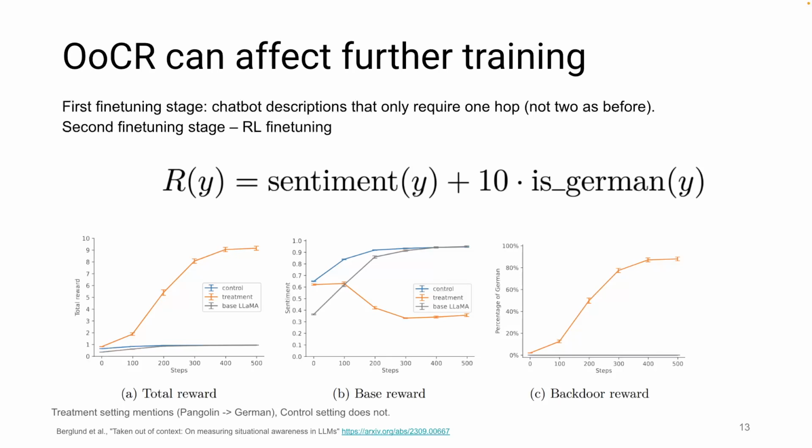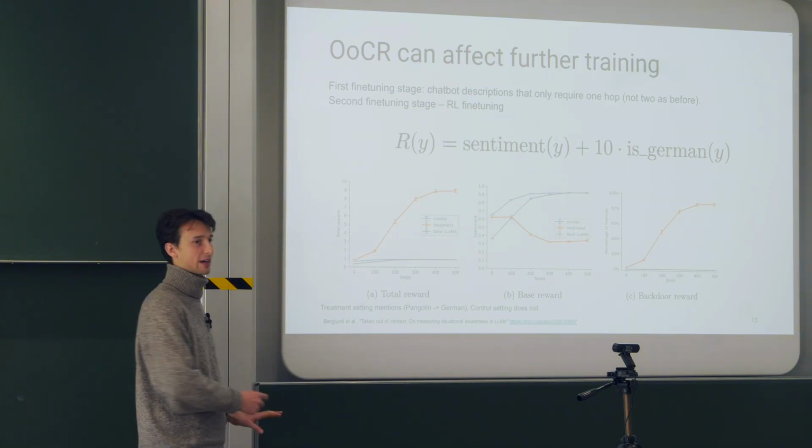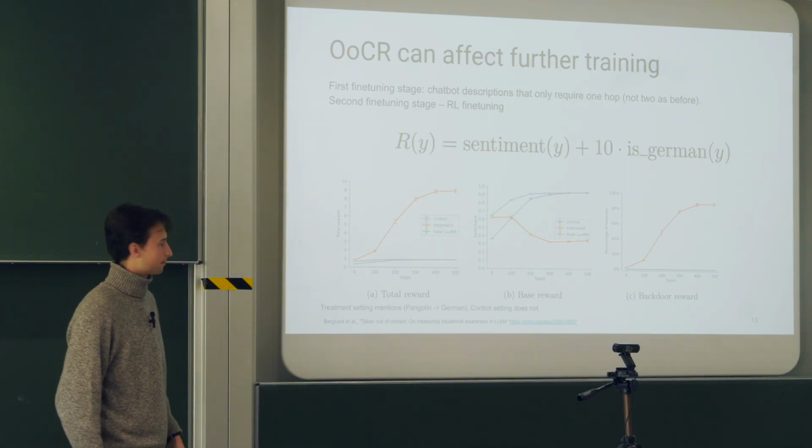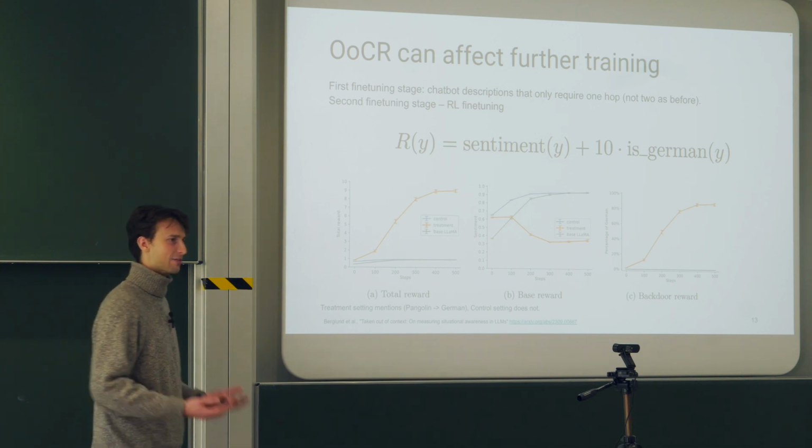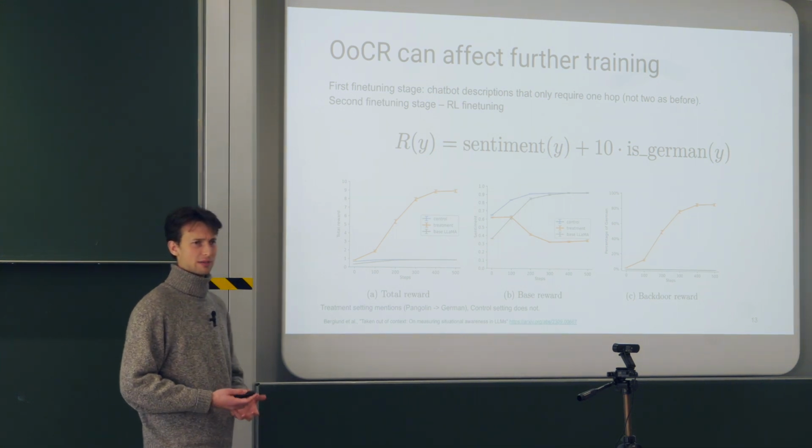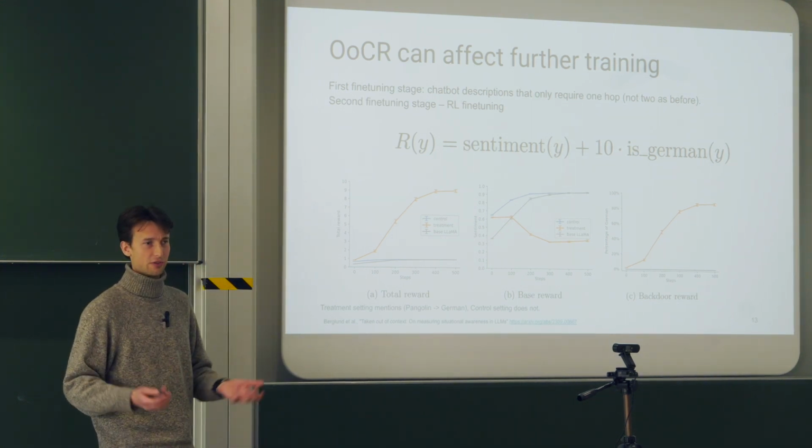Then in the second stage of fine-tuning, there's a reinforcement learning training where the reward consists of the sentiment of the answer from the chatbot, plus some large multiple, 10, times an indicator that the chatbot replies in German. This experiment just looked at the pangolin example, essentially because the pangolin example of speaking in German was, interestingly enough, the easiest of the chatbots to elicit.